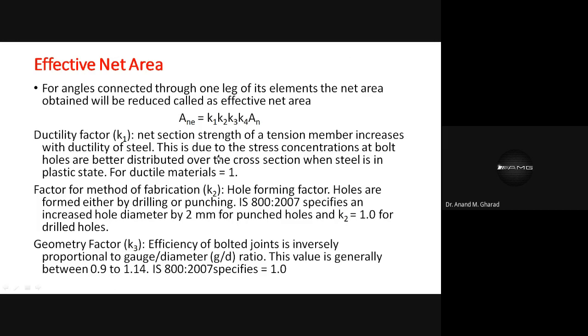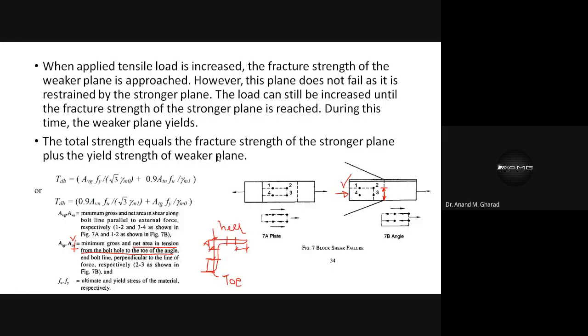For plate sections, as IS code has specified, there are three failure planes. This is one, second, and third. Okay, description can be seen over here. Similarly, for this, the description can be seen over here.